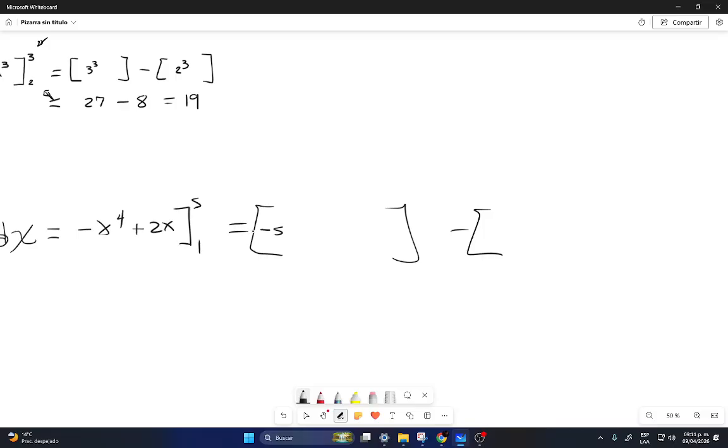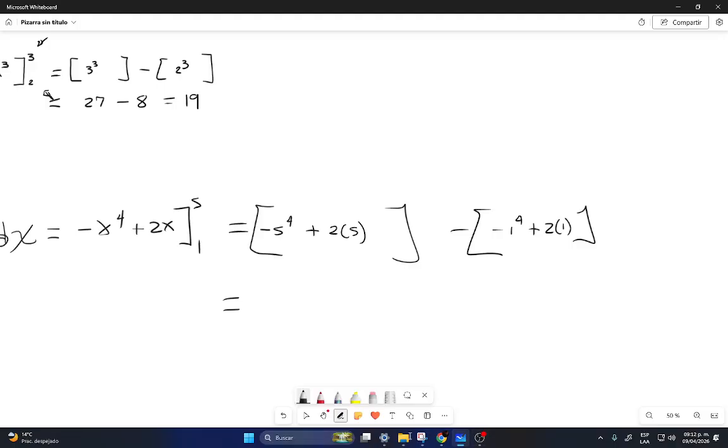So negative 5 to the power 4 over 4 plus 2 times 5 minus negative 1 to the power 4 plus 2 times 1.